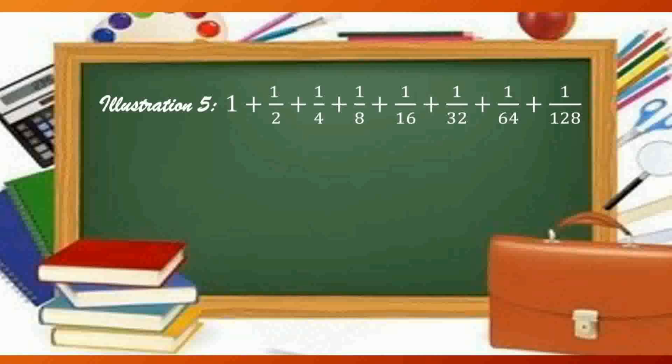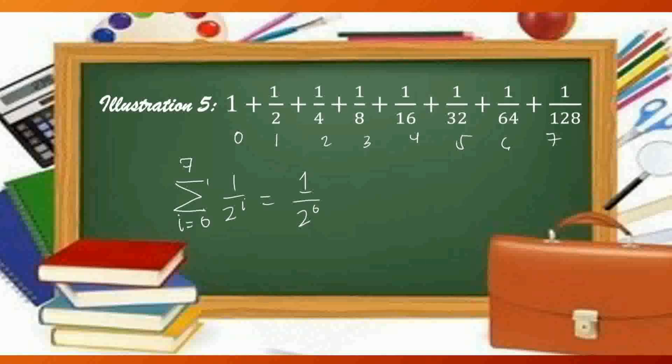For example number 5, in this series, by observation, each denominator has a base of 2 with exponents from 0 to 7: 1, 2, 3, 4, 5, 6, 7. To represent this in sigma notation, it will become 1 over 2 raised to i, where i ranges from 0 to 7. If i is equal to 0, 1 over 2 raised to 0 is 1 over 1, which is equal to 1.